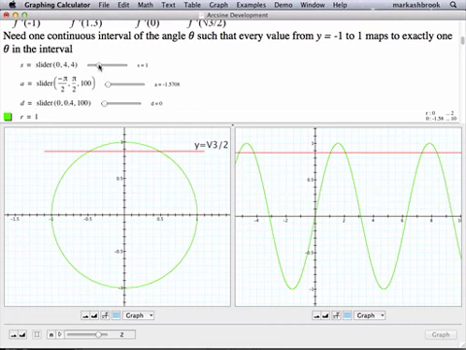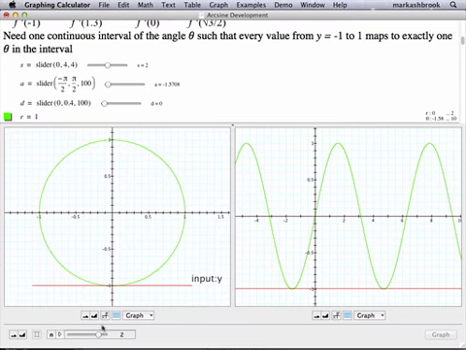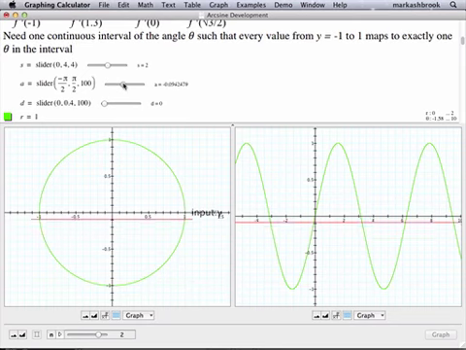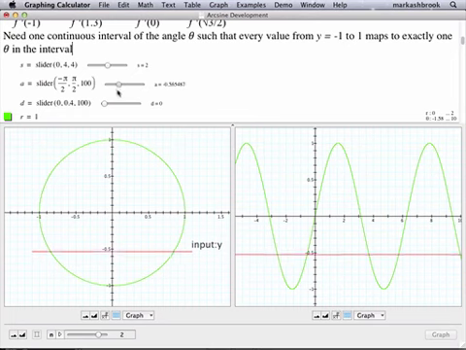Set your boundaries for angle 0 to 2pi. I'm not going to use it to get two outputs for some of those. So if the input is y, here's all the possible inputs, -1 to 1.